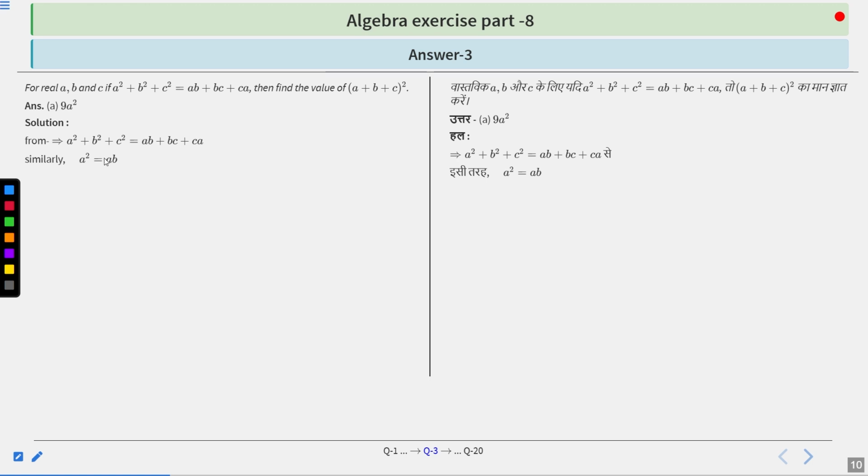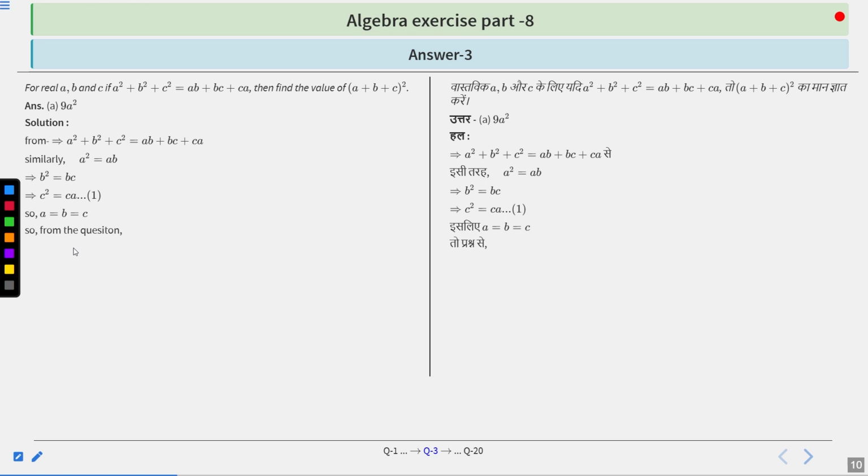Therefore, a² can be equal to ab, b² can be equal to bc, and c² can also be equal to ca. Consider this as our equation 1. So if a² = ab, b² = bc, and c² = ca, then from all of these we can say that a is equal to b equal to c.